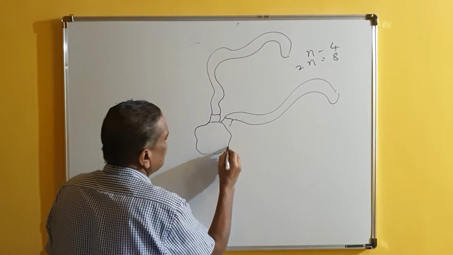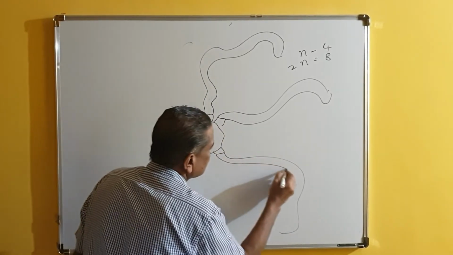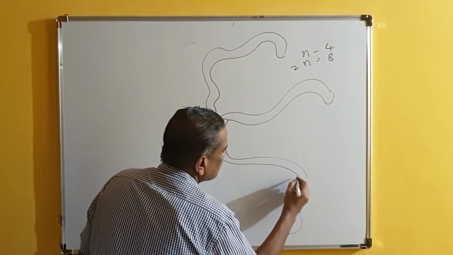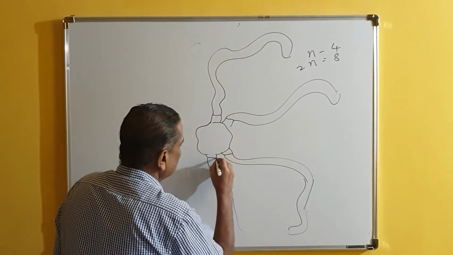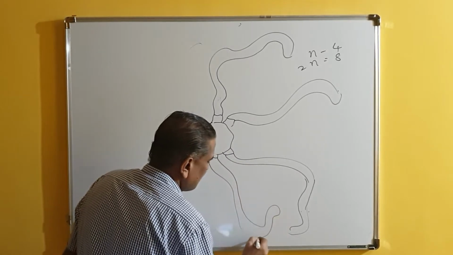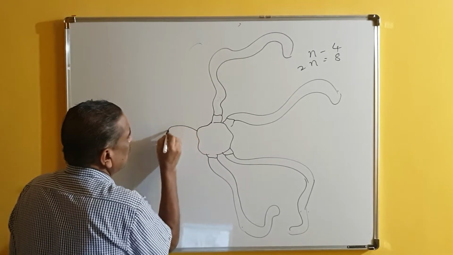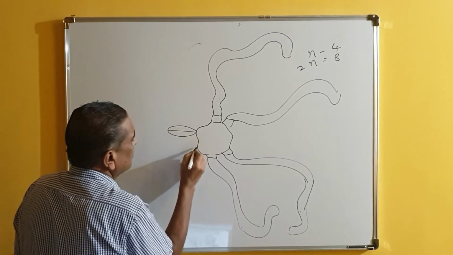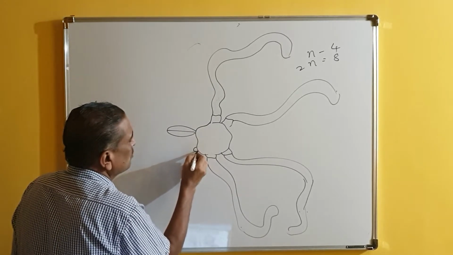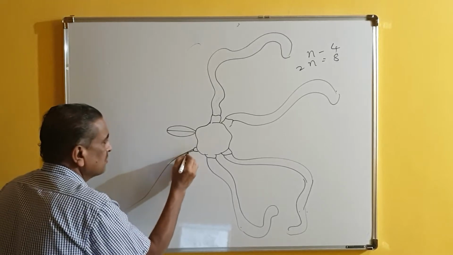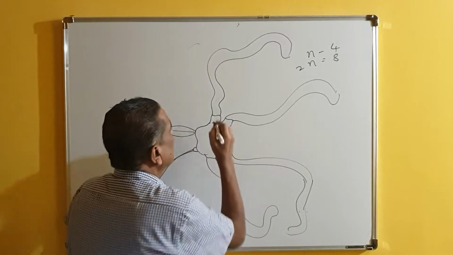And you will find one more structure here, and apart from this, you will find one chromosome which is very long. Here you can observe two chromosomes in this one.